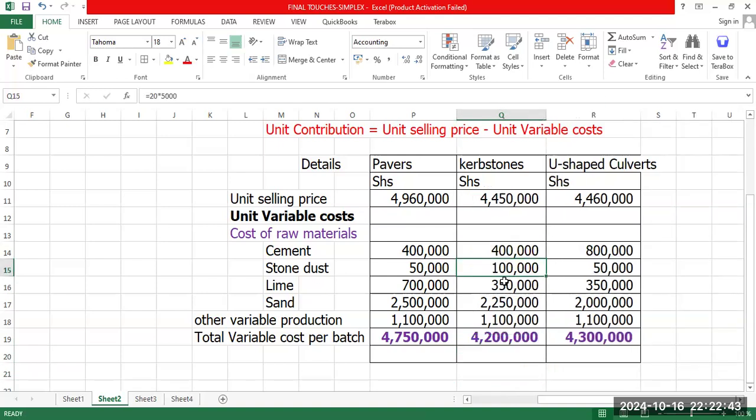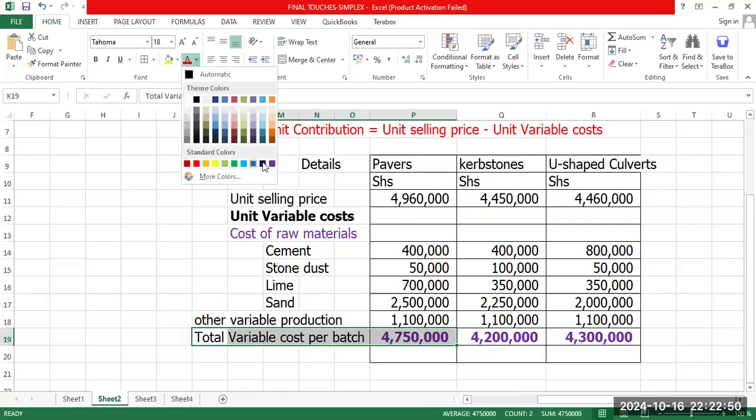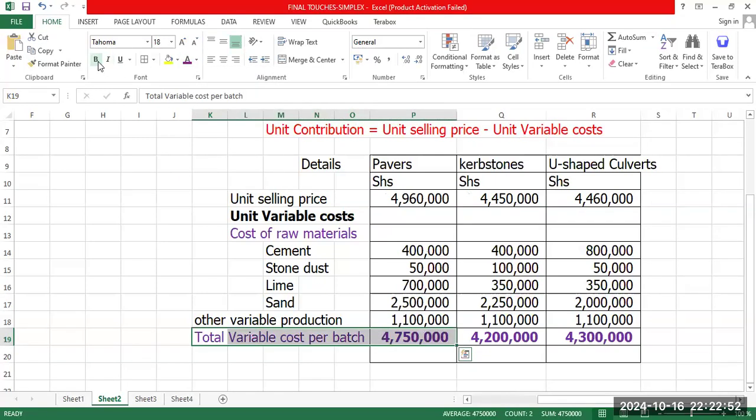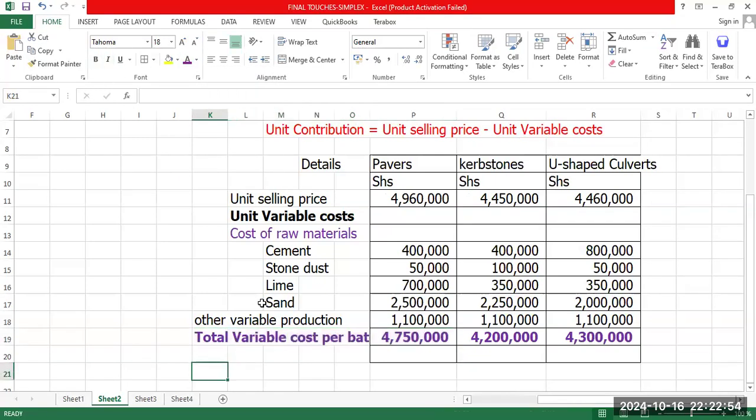If you get this plus this plus this plus this plus this, you get this. Okay. Now what I have here is variable cost per batch. Then what I have here is the unit selling price.